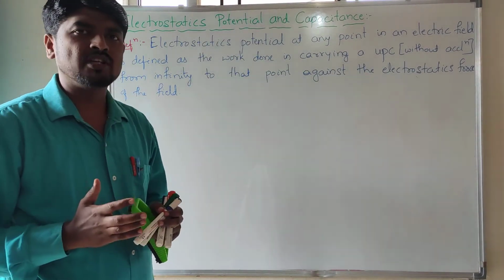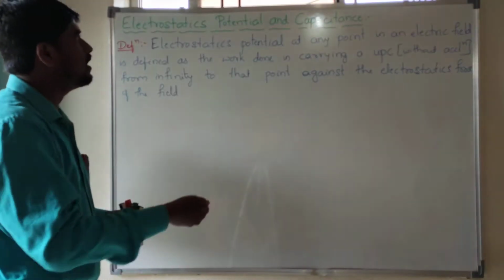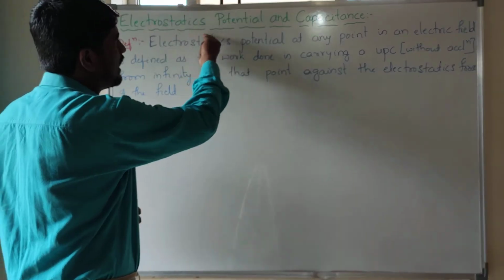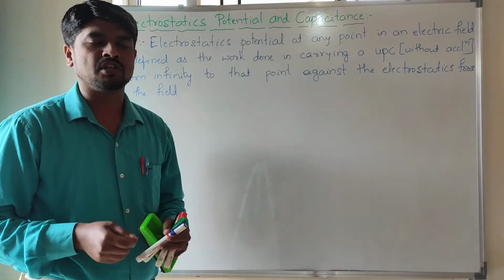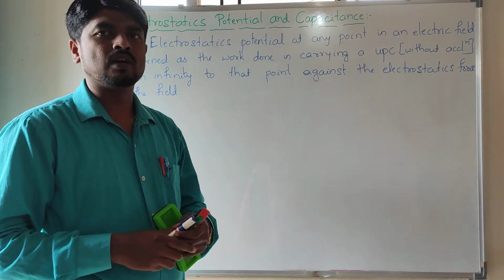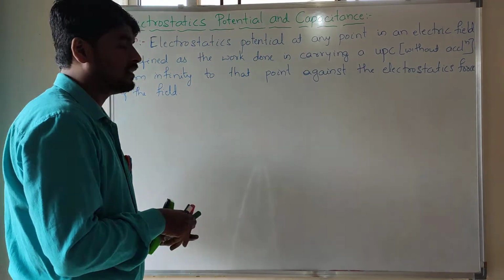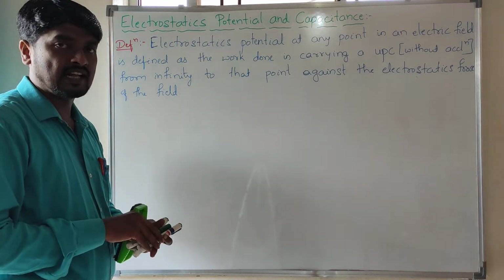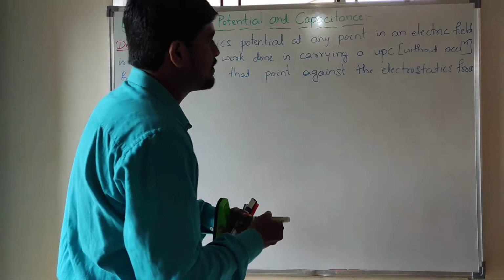Why is the word potential merged with the word electrostatics? Is there any relation? Yes, there is a relation. Let us discuss Coulomb's law, which we have studied already in the previous chapter.